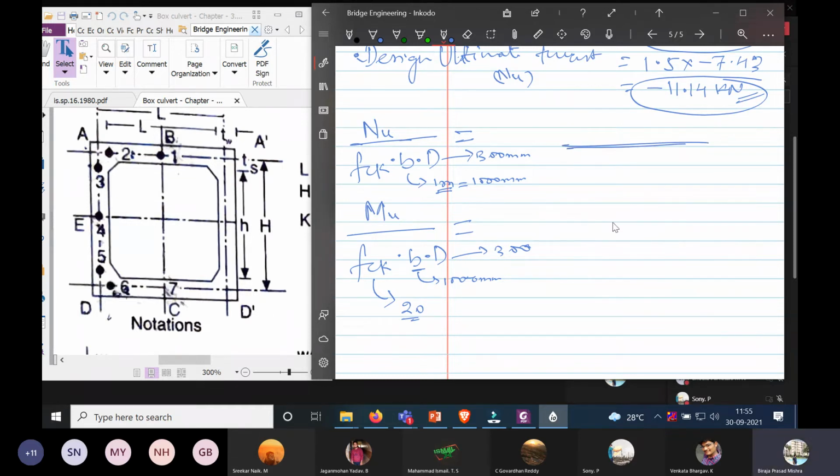How much is the value? What is the value?